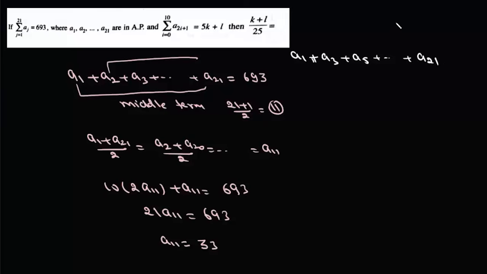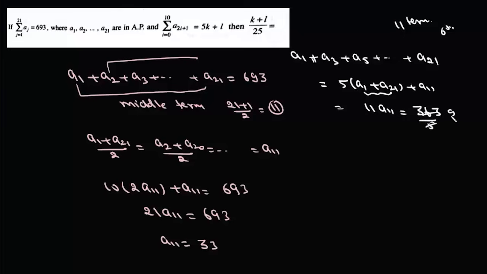So here we have 11 terms, and middle term will be its 6th term, which again is A11. So it will be 5 times A1 plus A21, plus A11, and this is 2 times A11, so there will be 11 times A11, and that is 363.